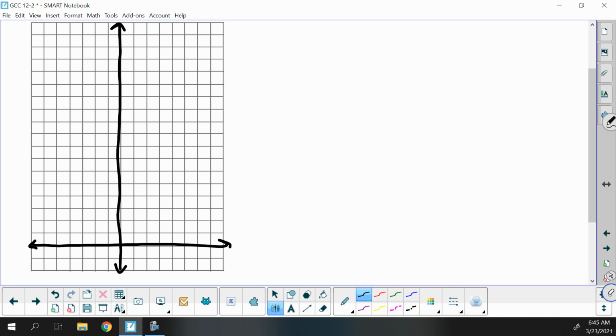So we have negative 2, negative 1. That's our A. 6, 6 is B. 0, 2 is C. And then D is negative 4, 14.